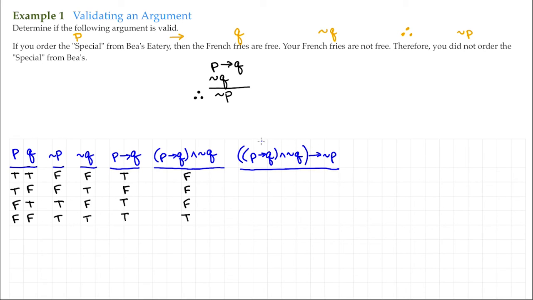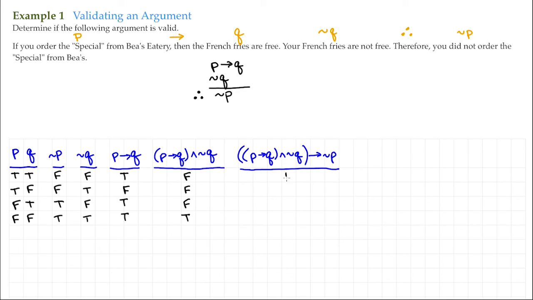So for this, the antecedent must be true, and the consequent must be false for the entire thing to be false. So the antecedent must be true. Here it is right here. That's the only one. However, the consequent for it is also true. So there is no true-false.